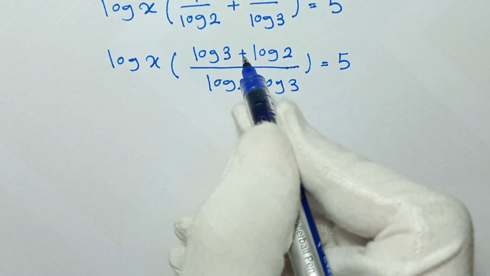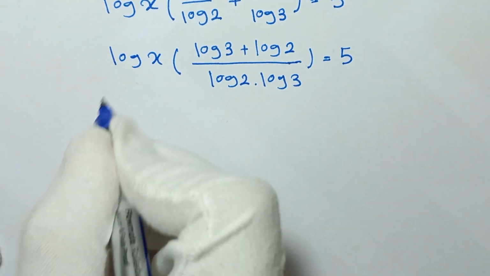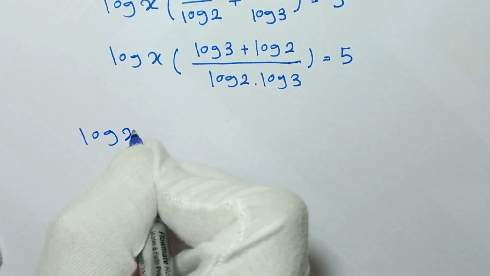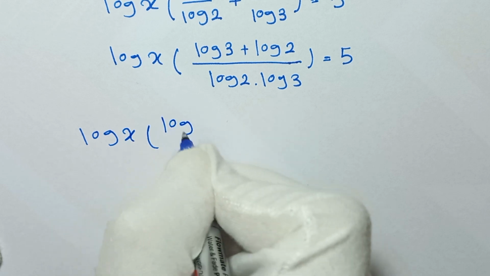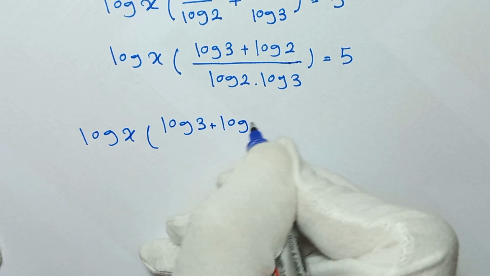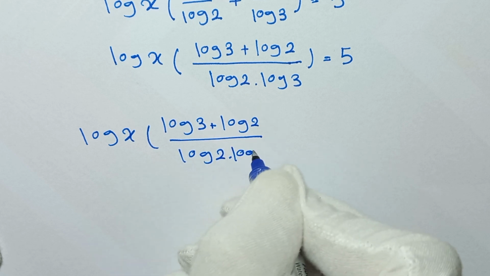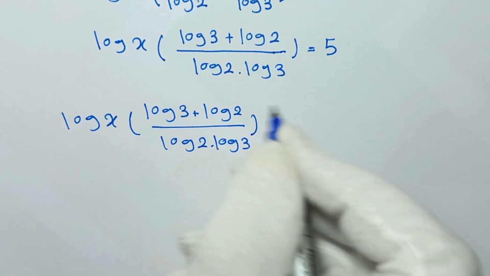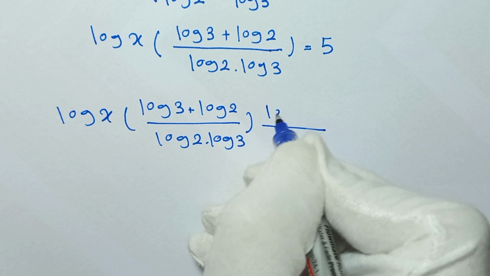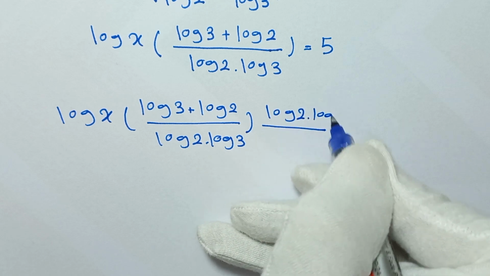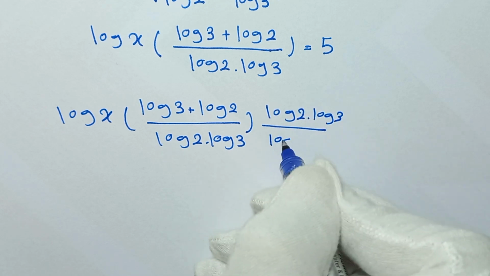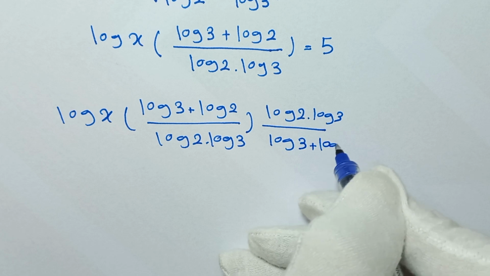In the next step, we multiply both sides of the equation by log 2 times log 3 over log 3 plus log 2. So we have log x times log 3 plus log 2 over log 2 times log 3, and we multiply by log 2 times log 3 over log 3 plus log 2.